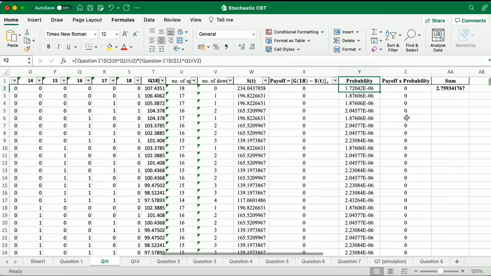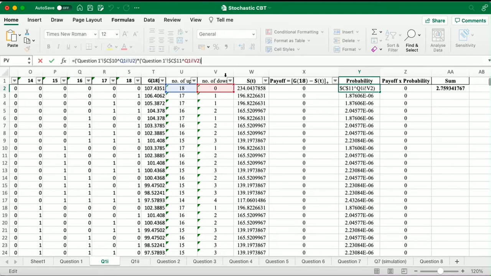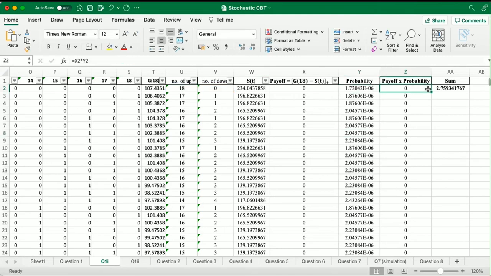Next, for probability, we calculate it using the probability of ups that we calculated in the previous Excel sheet to the power of the number of ups, multiplied by the probability of downs to the power of the number of downs in each path. Then to calculate the payoff multiplied by probability, we multiply columns X and Y to obtain the payoff times probability of each row.